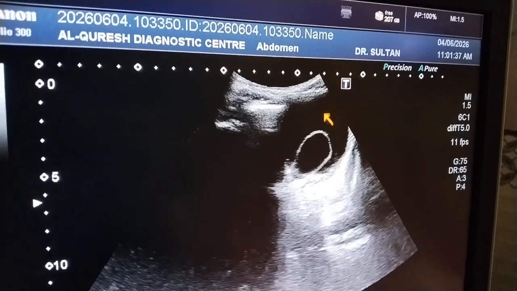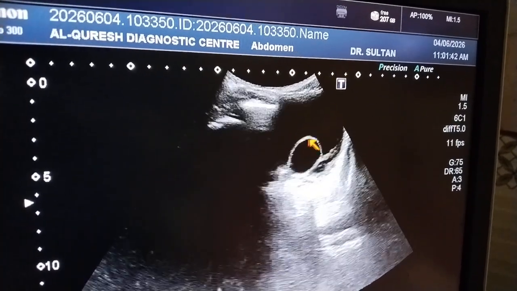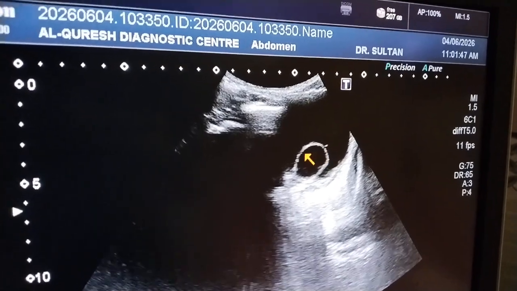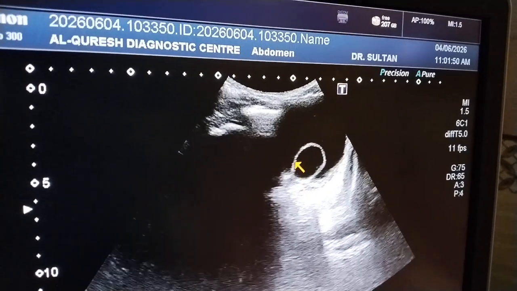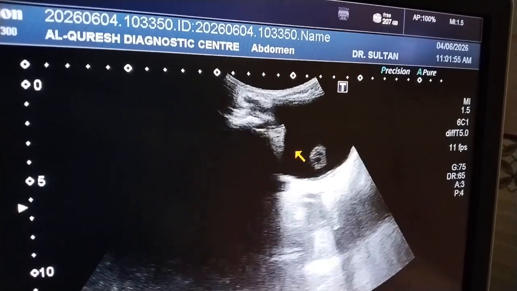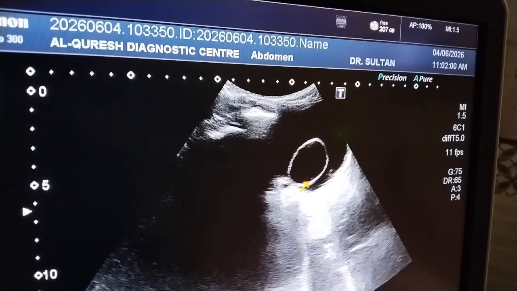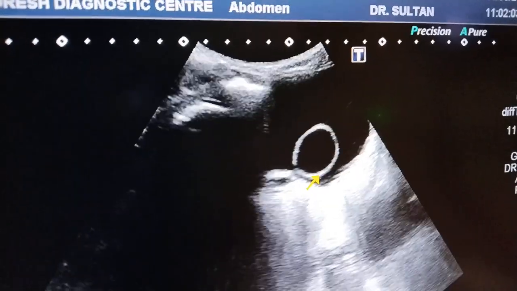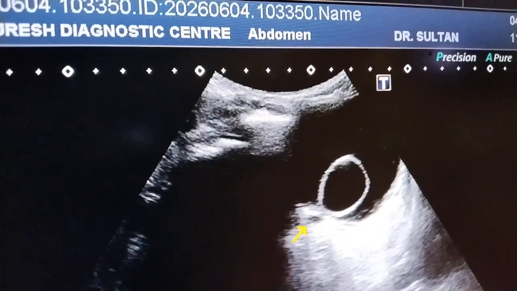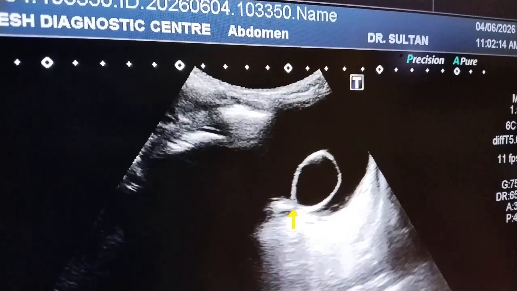This is the urinary bladder, and here we can appreciate the cystic structure that is present within the lumen of the urinary bladder. If we closely observe, we can appreciate this area, this one, black.